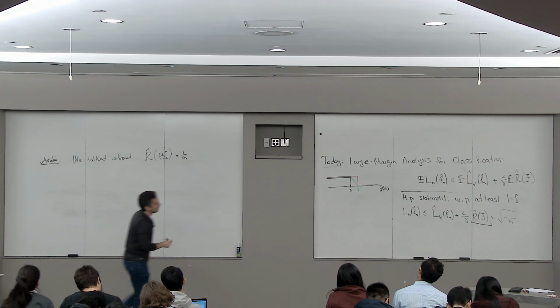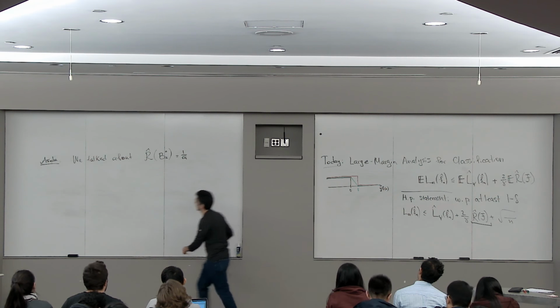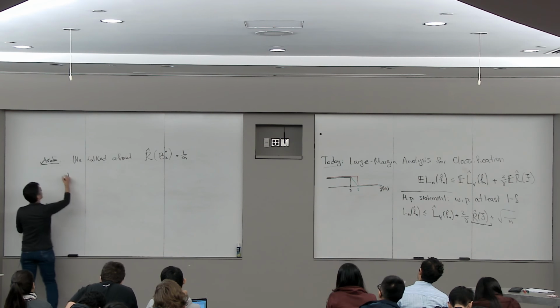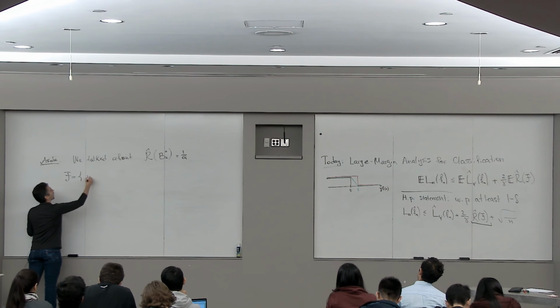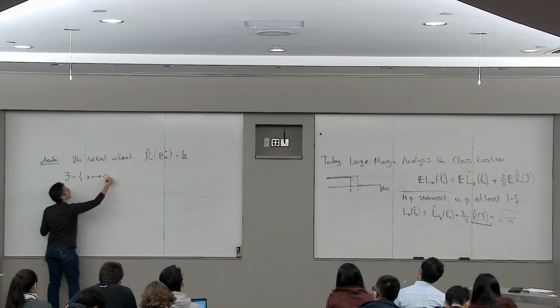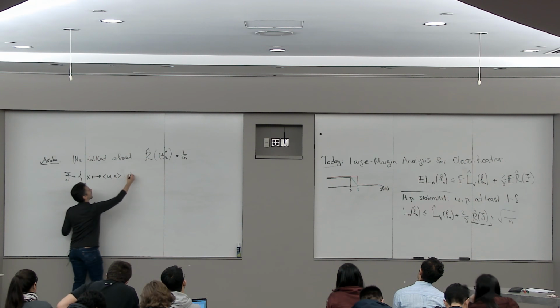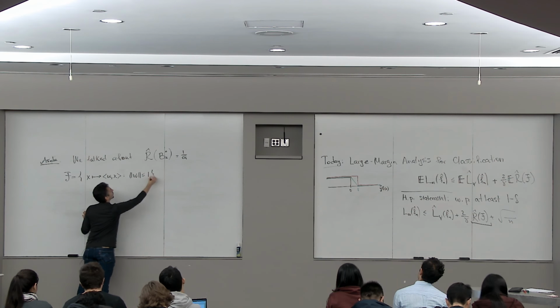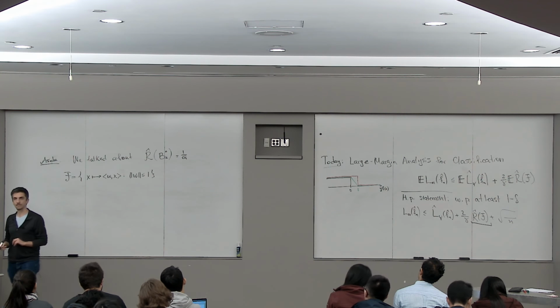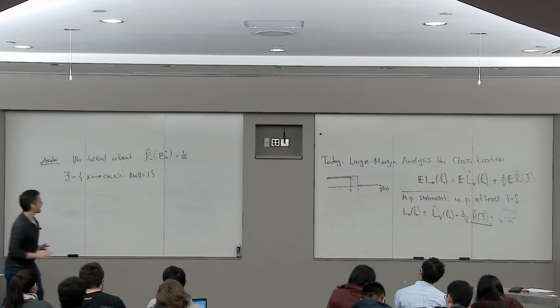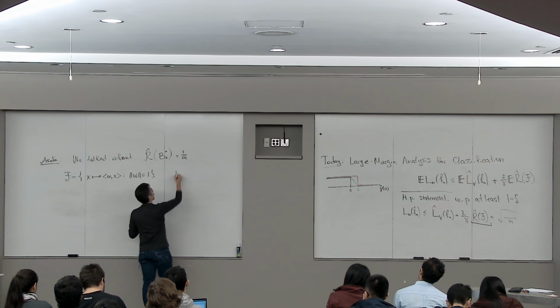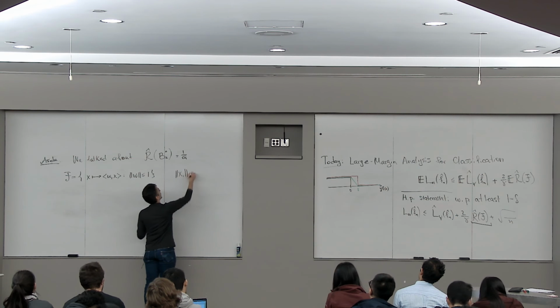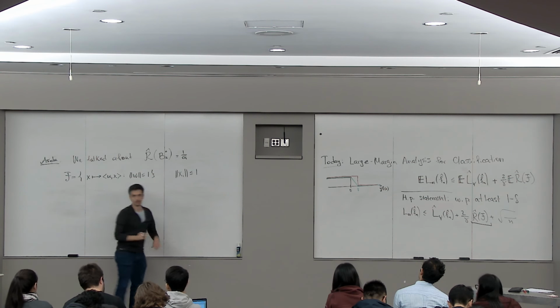But what I'm telling you here is that I need to take a class f, and let's say f is a class of functions x maps to w x, where w is now constrained in L2 norm. Okay? And let's say for simplicity, all the xi's are bounded by 1 as well.